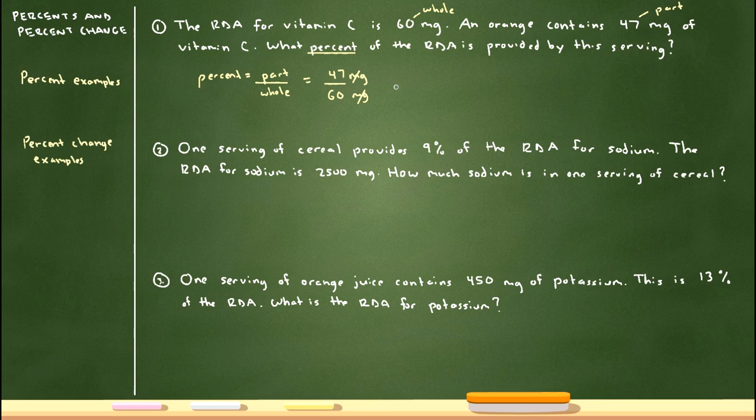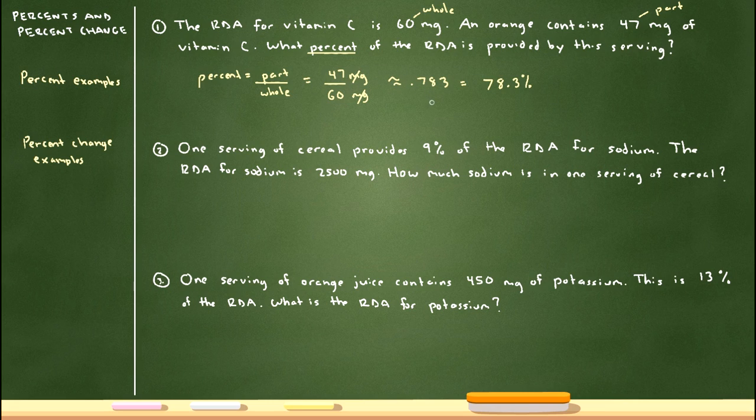Okay, and you could go ahead and plug that into the calculator to see what you get. It comes out to be approximately 0.783, which if you multiply this by 100, we'll get the percentage 78.3%.